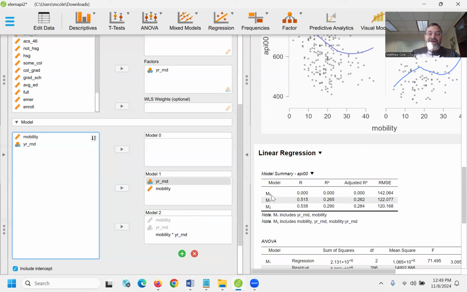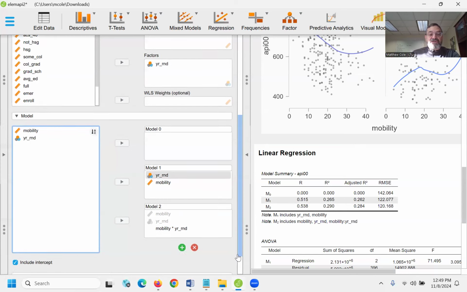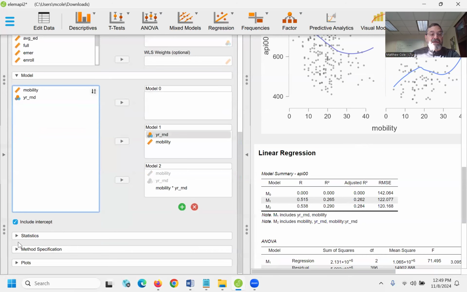And in fact, we really don't need model 0 in this case, because model 0 is just without any predictors, but it's fine. We can just leave that. It's okay.